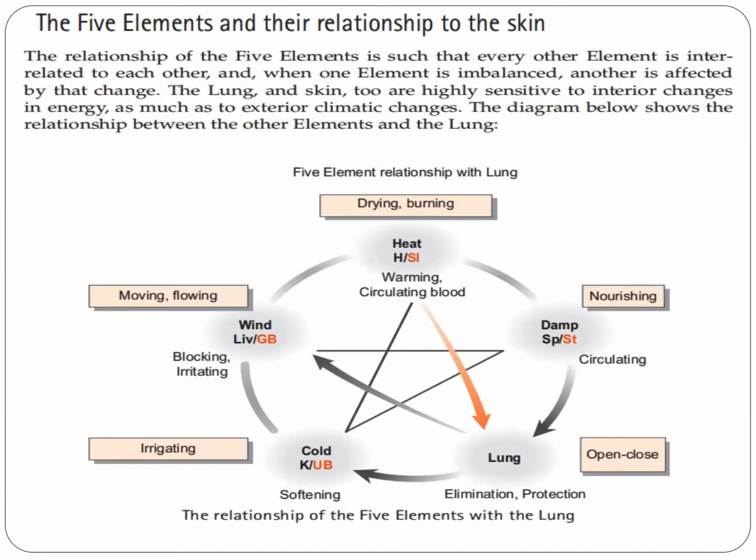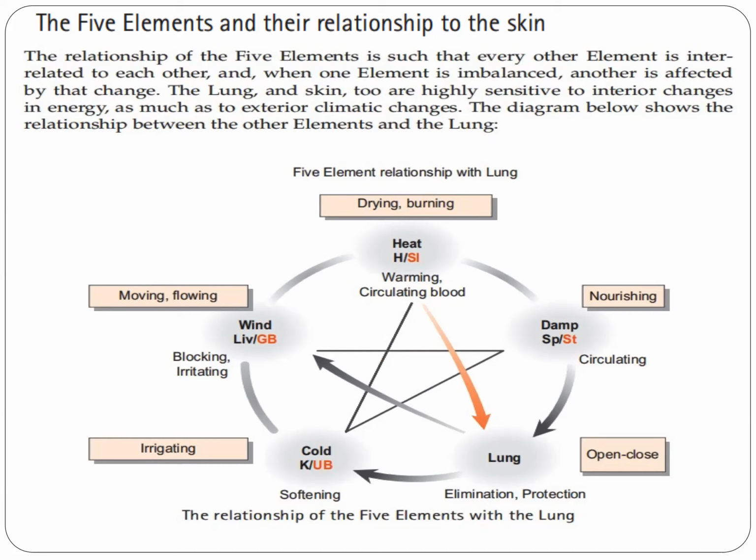Now let's talk about the 5 elements and their relationship to the skin. The relationship of the 5 elements is such that every element is interrelated to the others, and when one element is imbalanced, another is affected by that change.